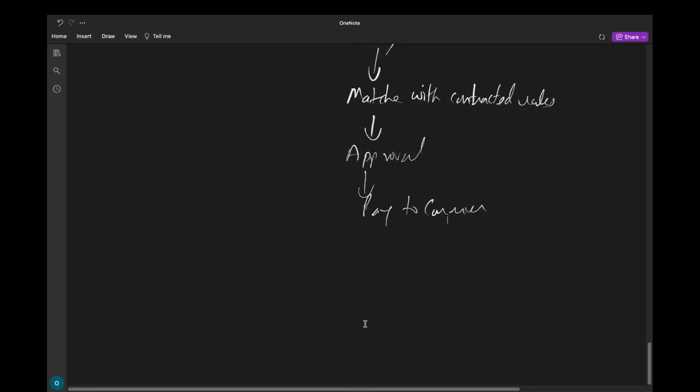Okay, so what are the activities here? First activity is invoice receiving. The courier sends the freight invoice and we receive that. Second activity, audit. Is this charge correct?